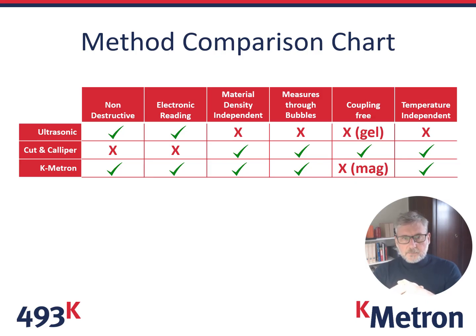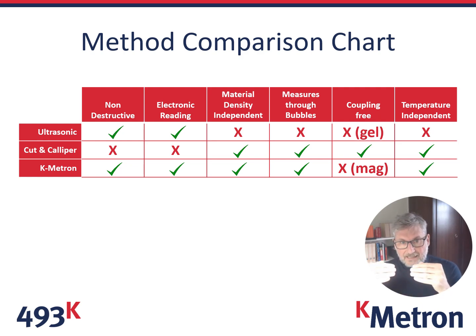The next column is titled Material Density Independent. So ultrasonic works by sending an ultrasonic wave through the part. It bounces off the inside surface, comes back to the sensor, and it is that time of flight that the ultrasonic sensor will use to then infer a density or a thickness, I beg your pardon.